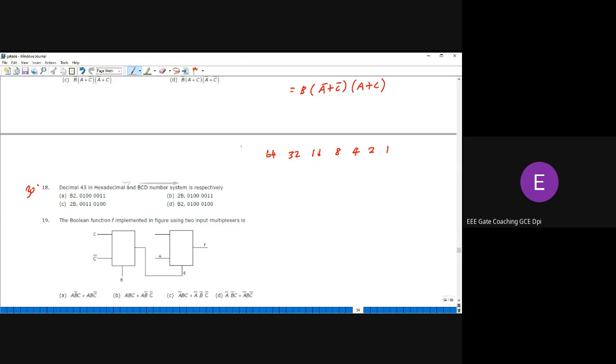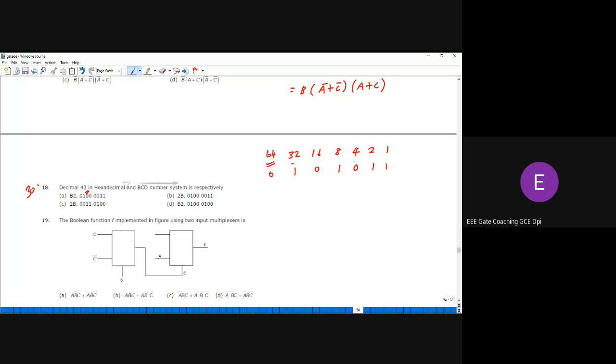So this number is not exceeding 64, so 64 is 0. 32 plus 16 is 48, so giving 0 because it is more than 43. 32 plus 8 is 40. 40 plus 4 is 44, so I am giving 0. 40 plus 2 is 42. 42 plus 1 is 43.